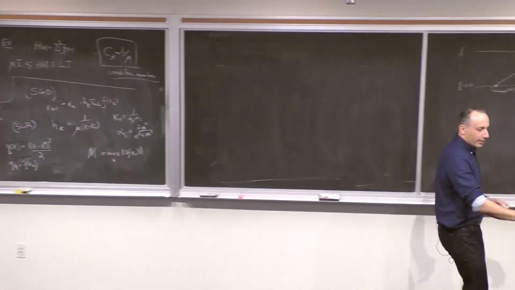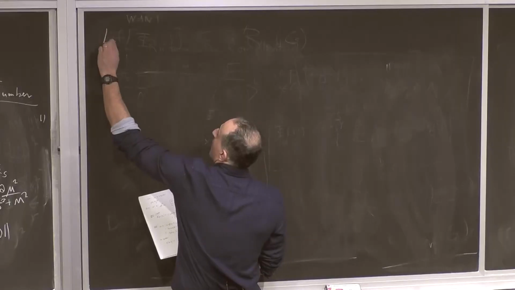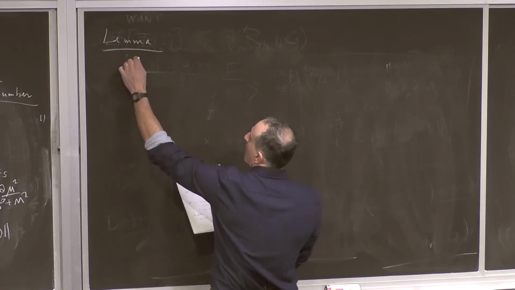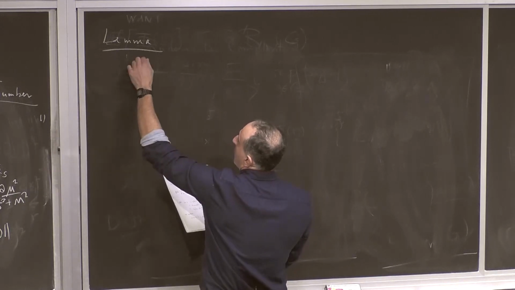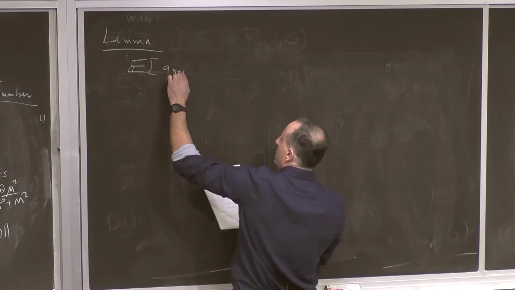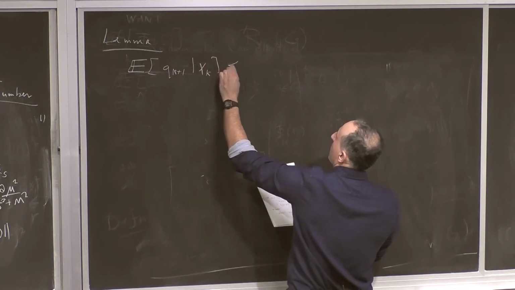Okay, so the basic lemma we're going to use, in both cases, we're going to use the convexity. So the lemma is this. With all these definitions, how much does Q change given xk? And I'm going to bound it like this.